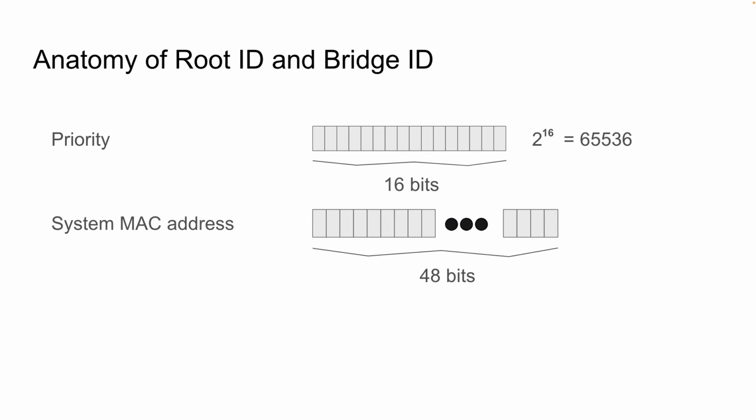And we also have the system MAC address, which is basically the base MAC address that identifies the switch itself. These two values constitute the bridge ID, and the root ID for the root bridge.